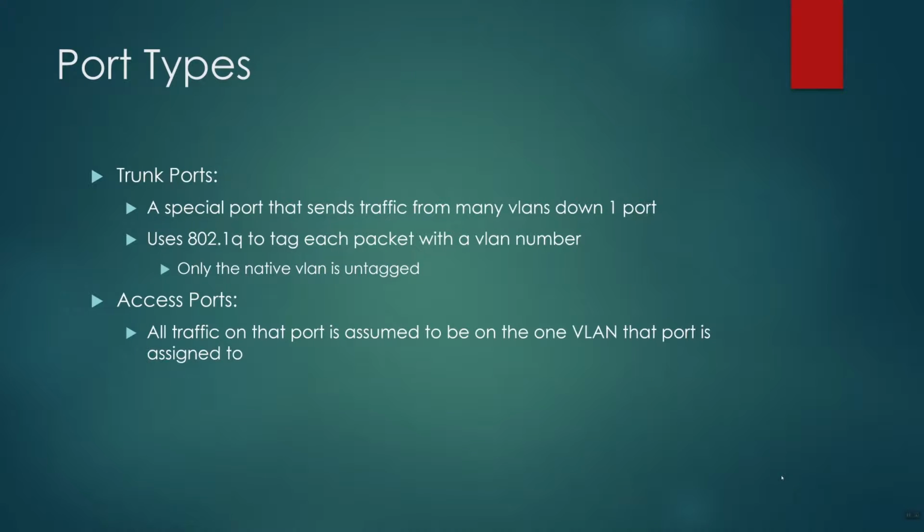So let's talk about port types. There are two real different kinds of ports. There's the trunk port and the access port. The access port is the general use port. It has one VLAN on it. Every bit of traffic that comes in on that port is thought to be on that VLAN. So the trunk port is a bit different. When I said earlier that one VLAN can only go through and talk to other ports on that VLAN, there is an exception to that, and that's the trunk port.